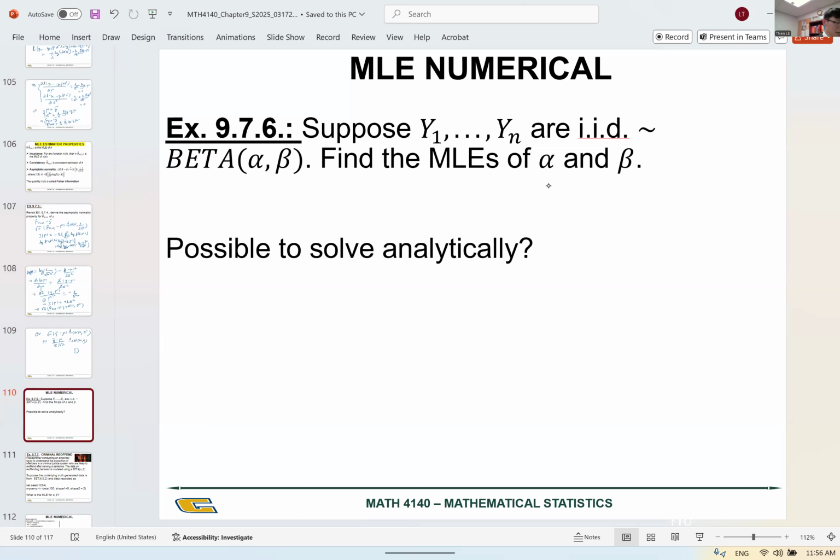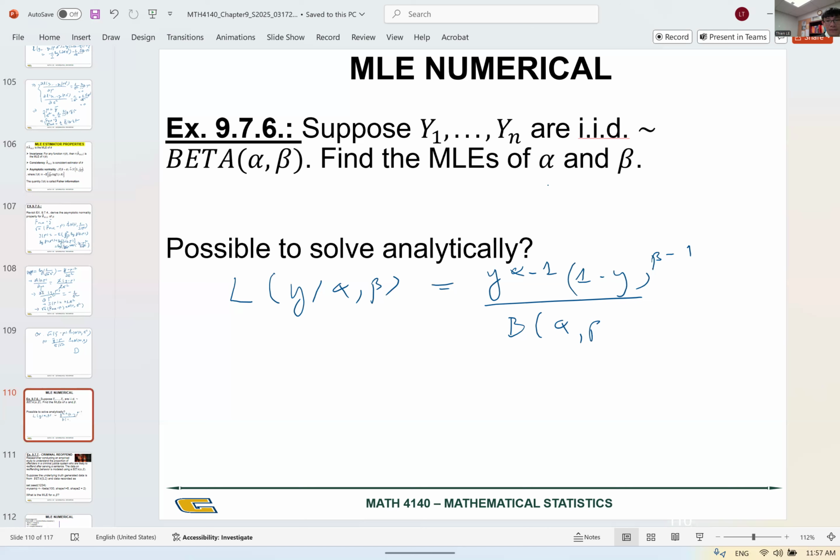If you remember, it has a likelihood function if the data follow beta.